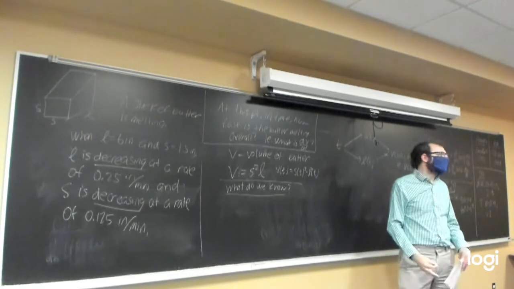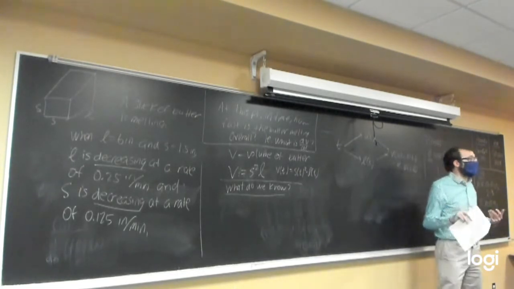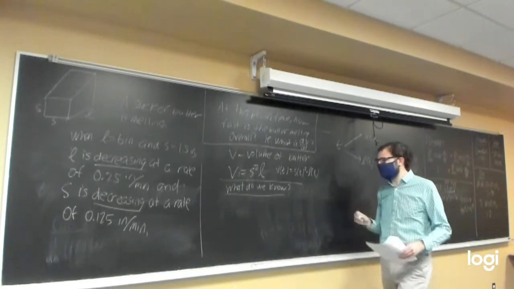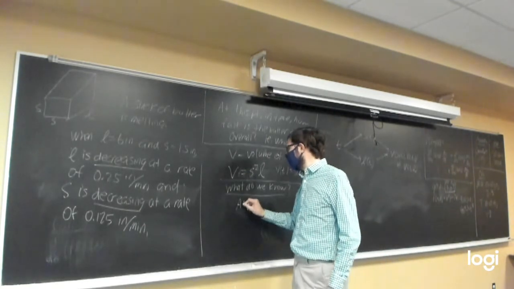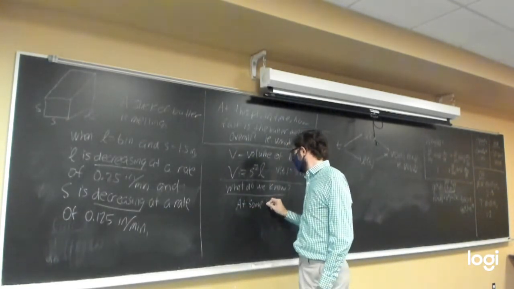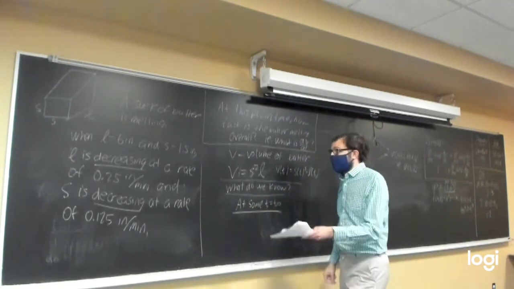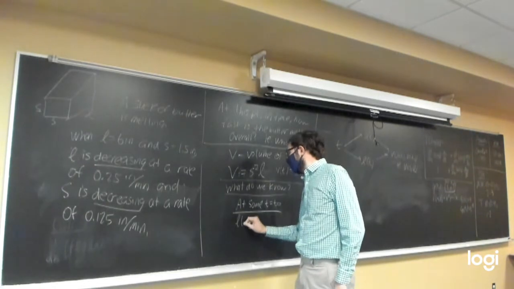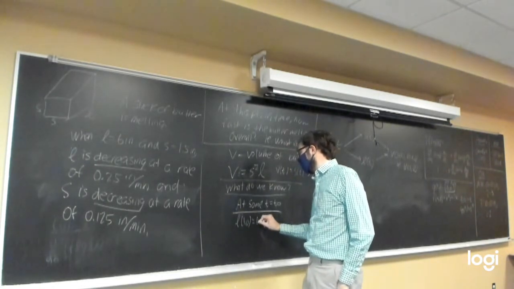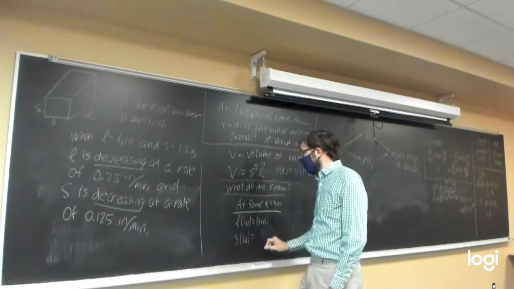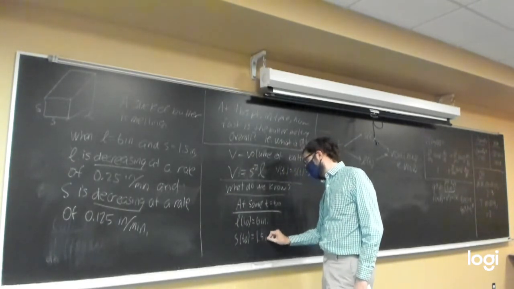Well, we know that at some fixed point in time, we're never given a specific value for it. So I'm just going to say at some t equals t naught, we know that the length is going to be 6 inches at that point, and that s is going to be 1.5 inches.